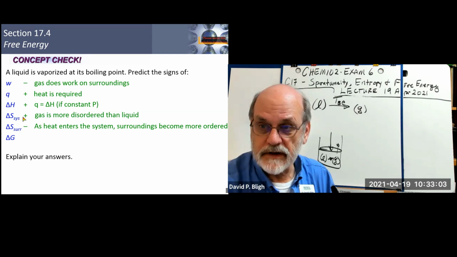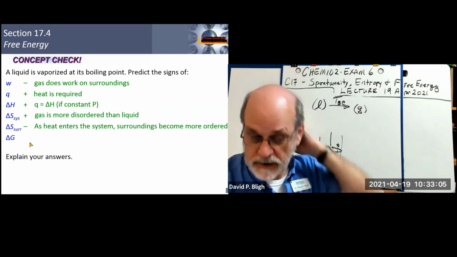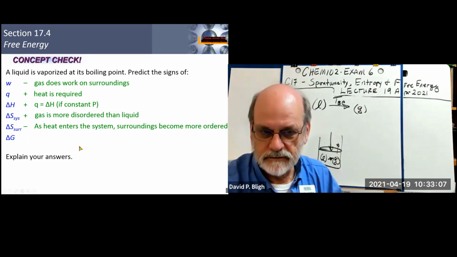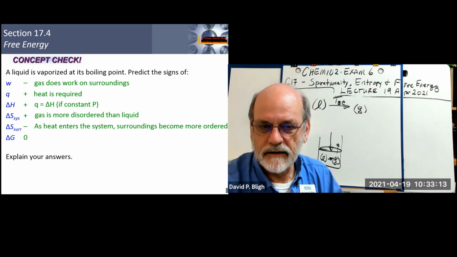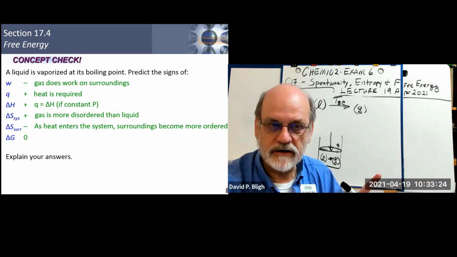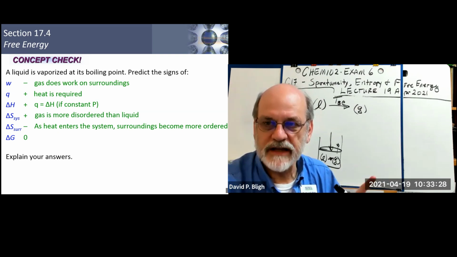So if the system is, no, total, excuse me. The total is 0, correct? Remember what we said. The equilibrium position for a reaction is the place where there's no spontaneous drive.